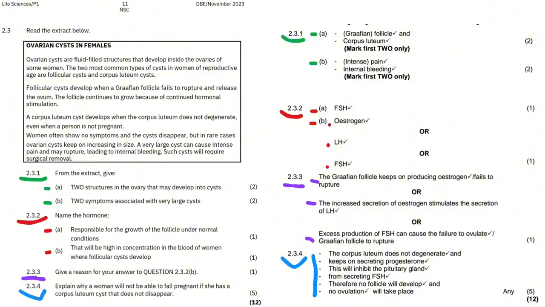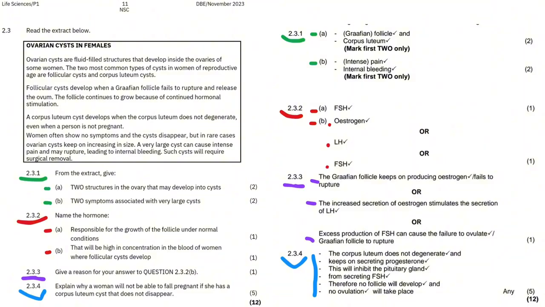Question 2.3.2. Name the hormone A responsible for the growth of the follicle under normal conditions. The answer is FSH. You don't have to write it out, but it's follicle stimulating hormone. Part B, name the hormone that will be high in concentration in the blood of women where follicular cysts develop, and the answer is estrogen.